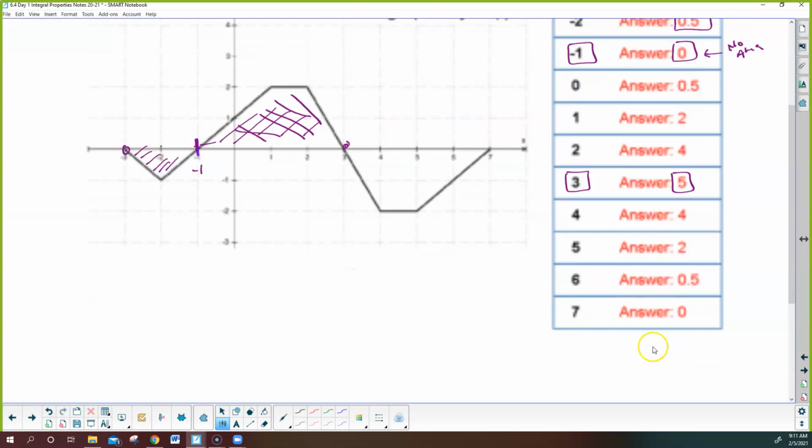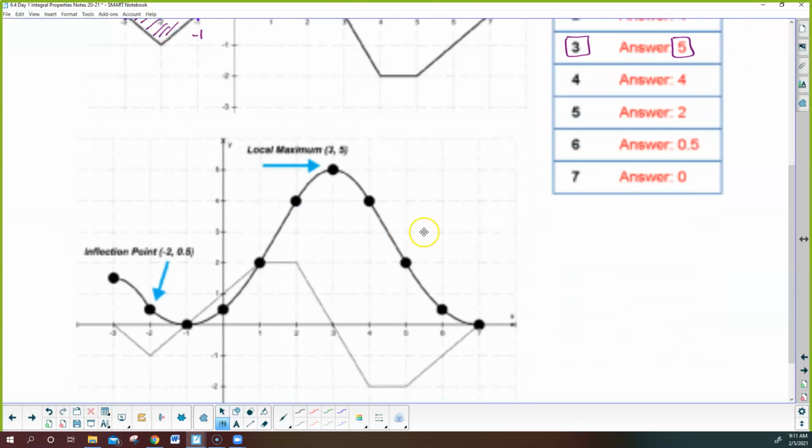But if I did this and then I created a graph, notice, here's the graph of F. That's the one that was given, right? Which is basically the graph of G prime right here. So I undid that graph and I actually created the graph of G right here.